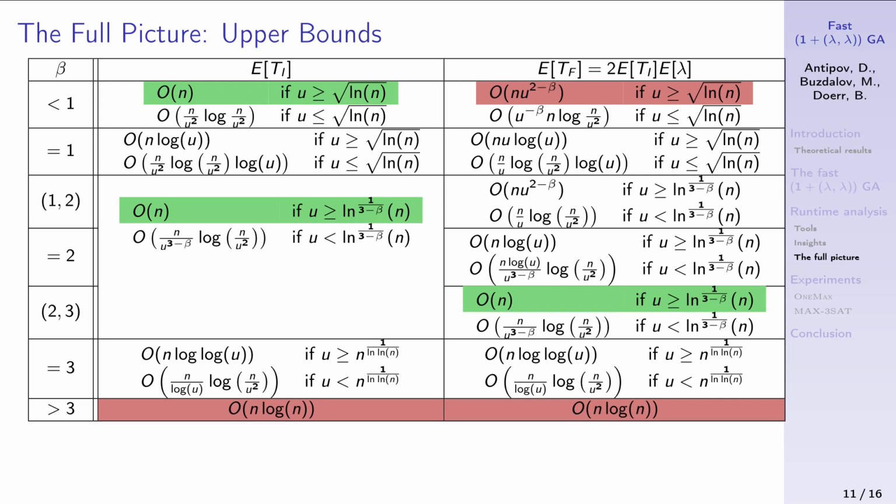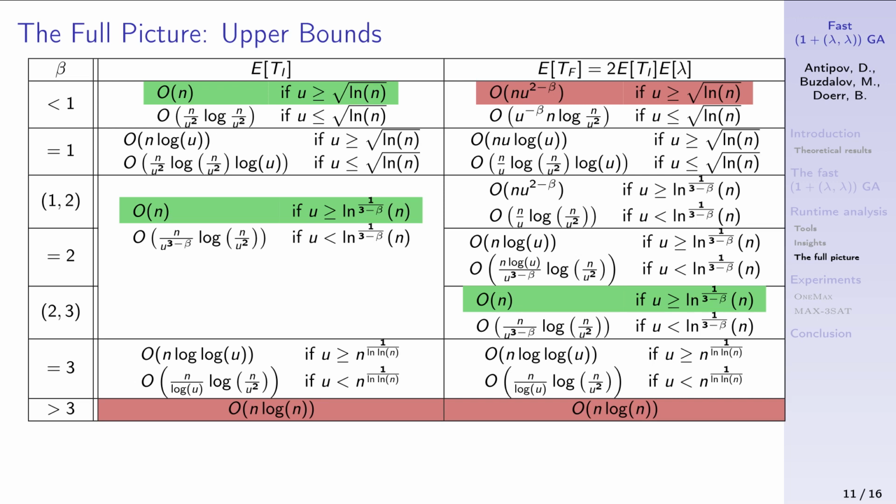You can see that the linear number of iterations can also be obtained with smaller values of beta. However, for smaller values of beta, we have a super constant population size, and it means that the runtime in terms of fitness evaluations is greater there.